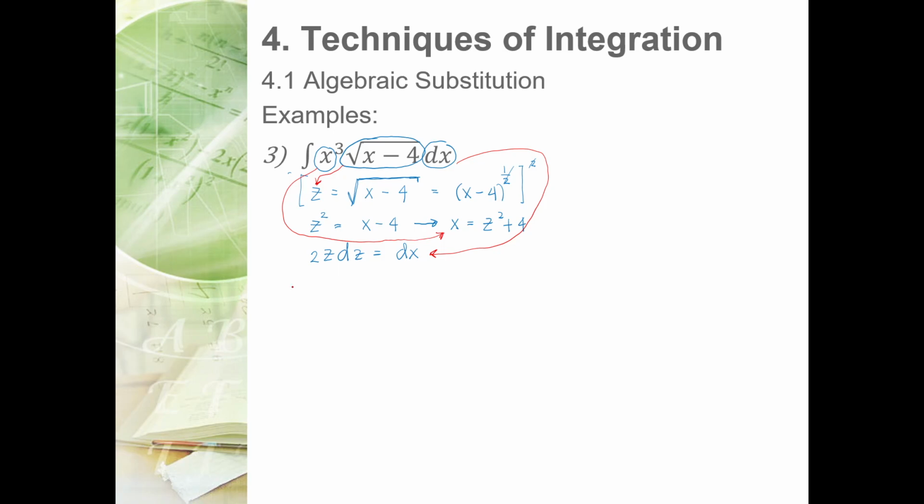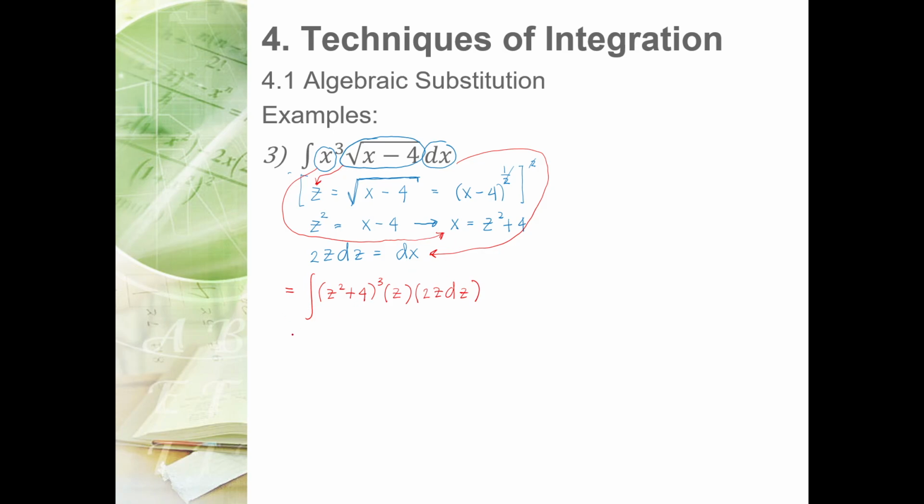Now for you to be guided, x cubed first, so you have z squared plus 4 and then cubed, and then the square root of x minus 4, that's z, and then dx is 2z dz.